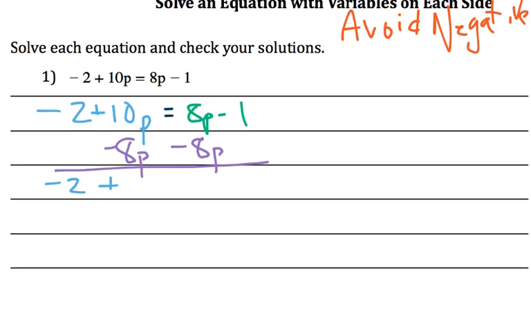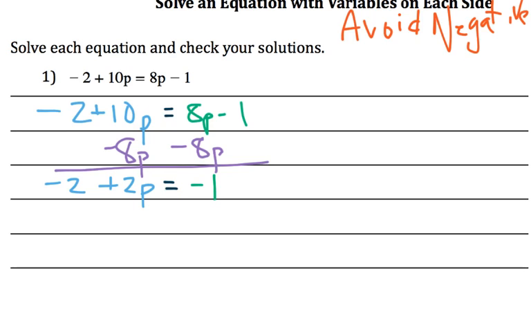So negative 2 plus 2p. Bring my equal sign down. Well, I chose to subtract 8p because that would go away. And I see a minus sign in front of my 1, so I'm going to write negative 1 on the right side.